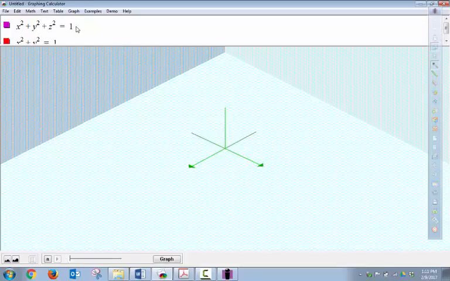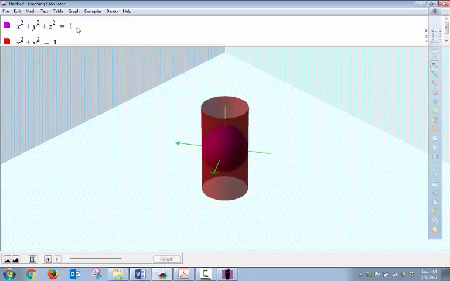The idea is just like lines and planes, the cylinder technically goes off to infinity in the z directions. Do we tend to draw infinite cylinders? No. In terms of drawing it, we just draw it and chop it off somewhere.